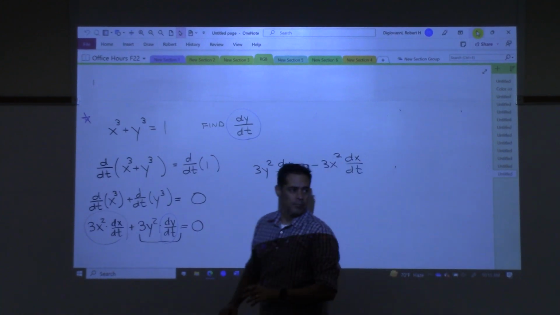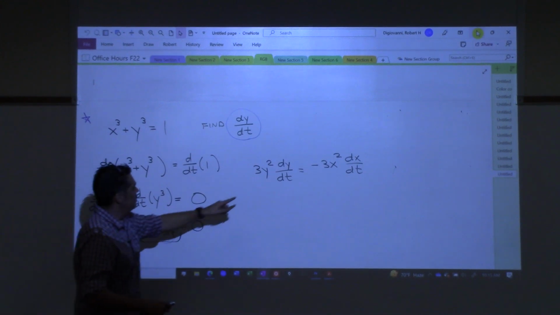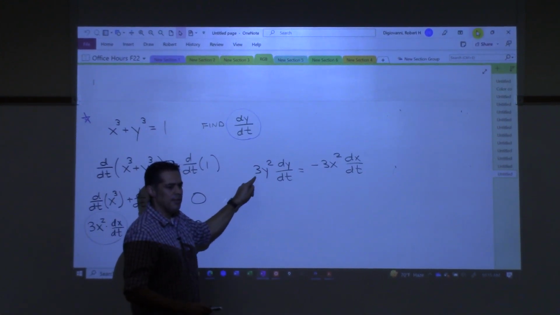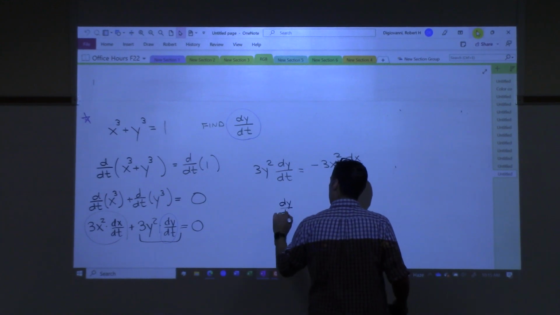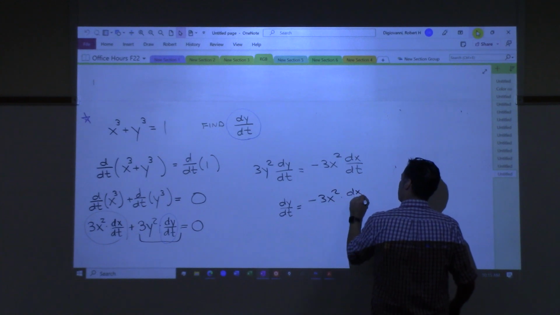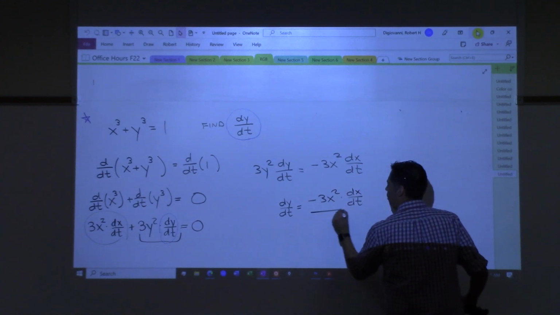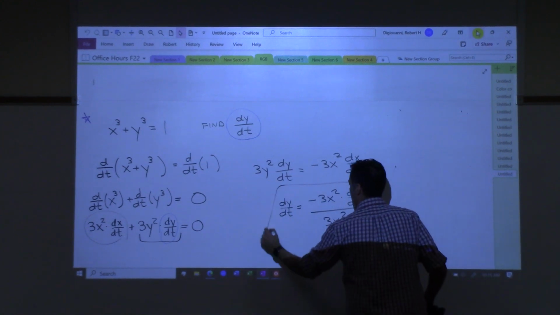With me? And now finally, to get dy dt by itself, I just need to divide by 3y squared on both sides. So to get dy dt by itself, I take negative 3x squared dx dt, and I divide the whole thing by 3y squared. And that is my answer.